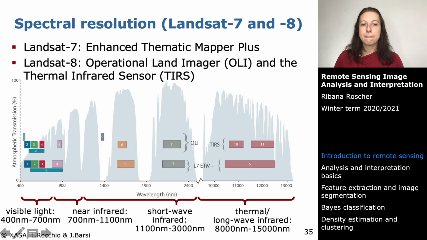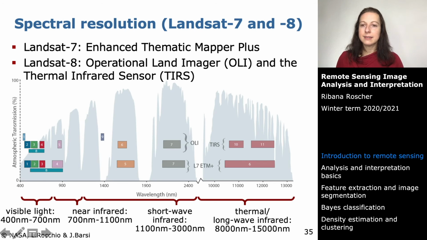What would be interesting to add here is the band 8, which is very broad. This is actually the panchromatic channel. So you have an intensity, one value, one piece of information you get from the whole range.